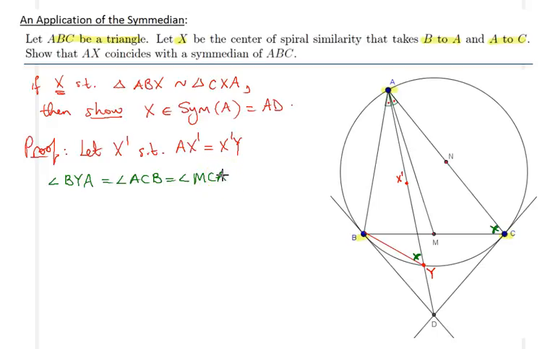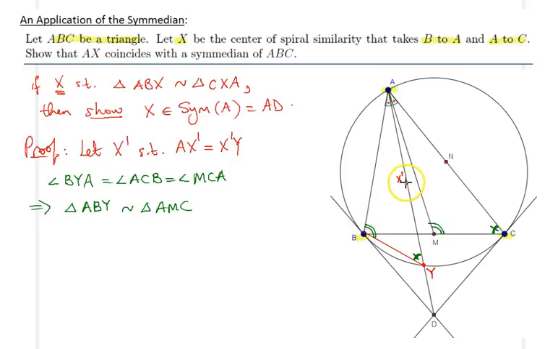Okay, good. So because of that, this implies that triangles ABY and AMC are actually similar triangles. So ABY, you can see those three angles, and AMC, again those three angles. The remaining angles being those angles, so this one and this one are also equal.